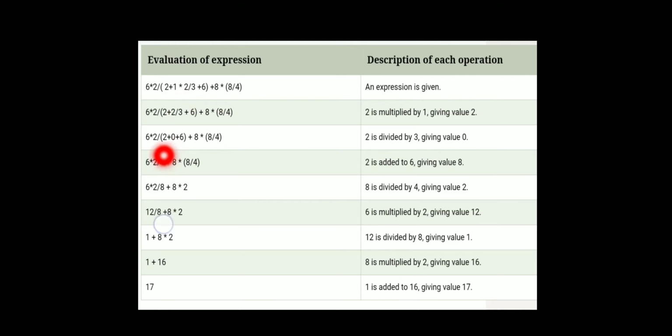Again, in the third step, 2 is divided by 3, giving a value of 0. In this statement, 2 is added to 6 and gives a value of 8.